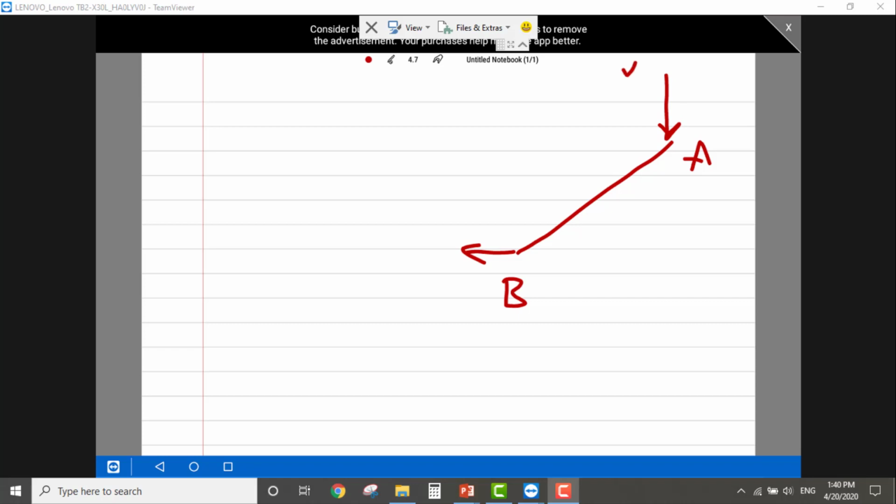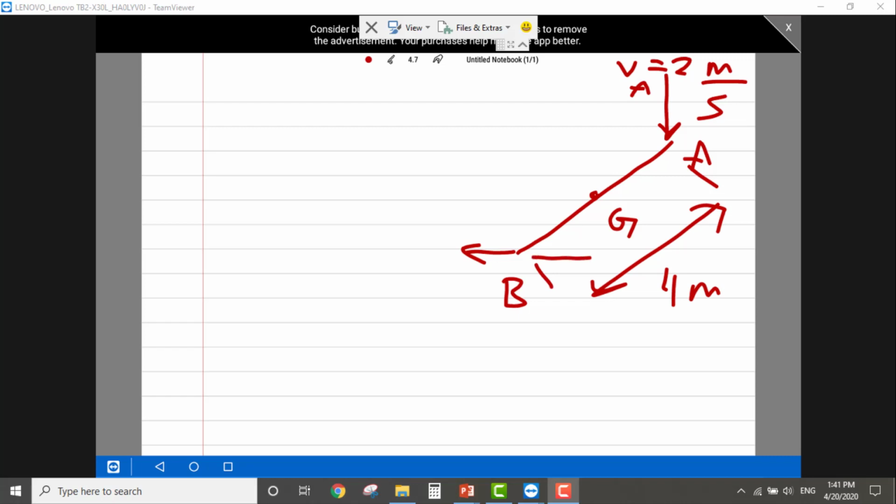So VA is equal to 2 meters per second. Here is the centroid, and this length is equal to 4 meters. Also in the picture, this angle is given, which is 30.